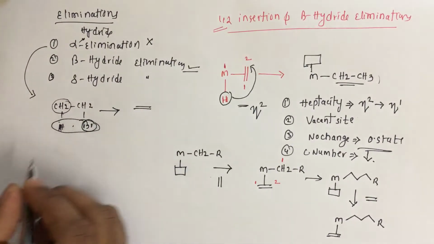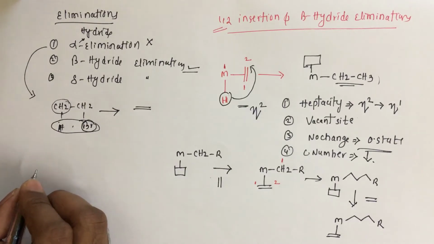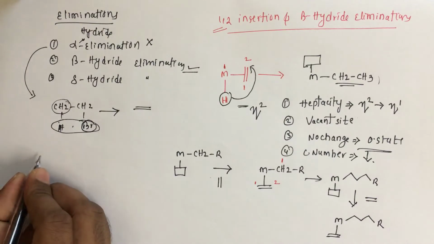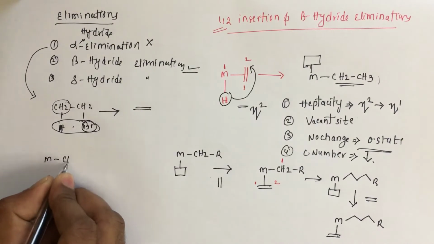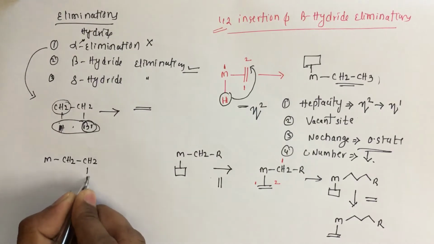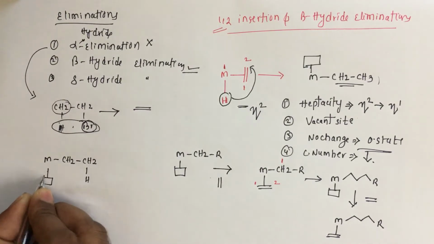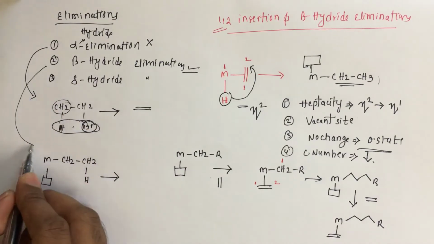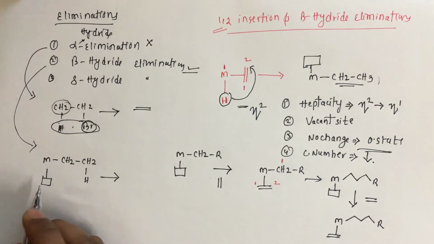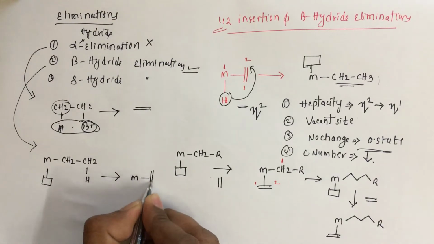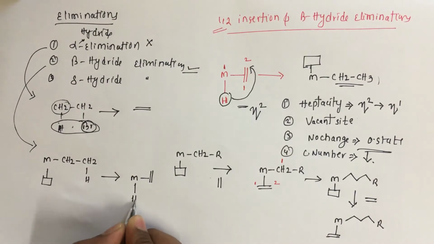Here also we'll first write the reaction, and based on that reaction we can predict all the properties. The essential condition for beta hydride elimination is that there should be one vacant site. One vacant site is a must.